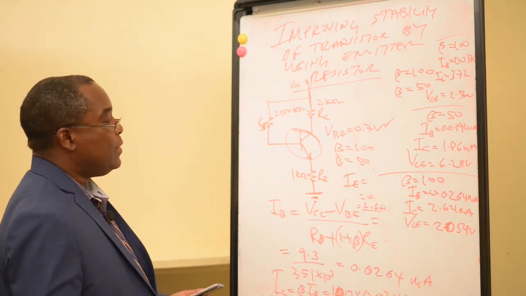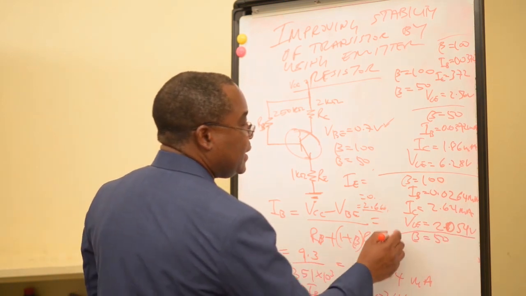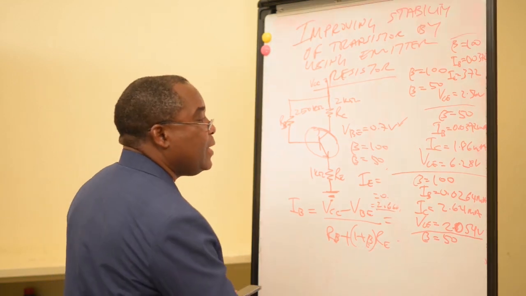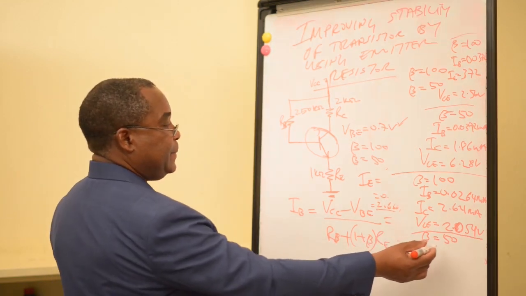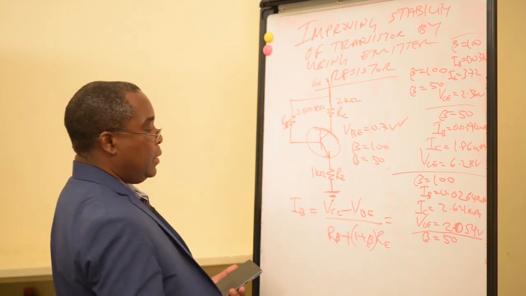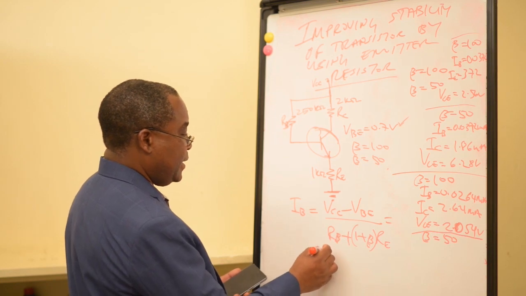So let's go to another scenario when beta is 50. Let's see IB, IC, and VCE. When our beta is 50, we are looking for IB at beta at 50. VCC the same is 10.